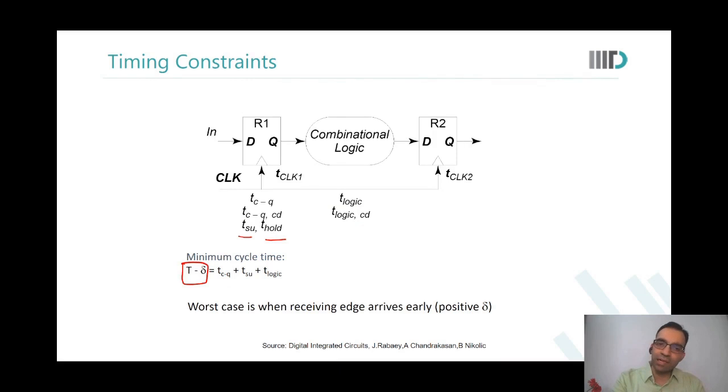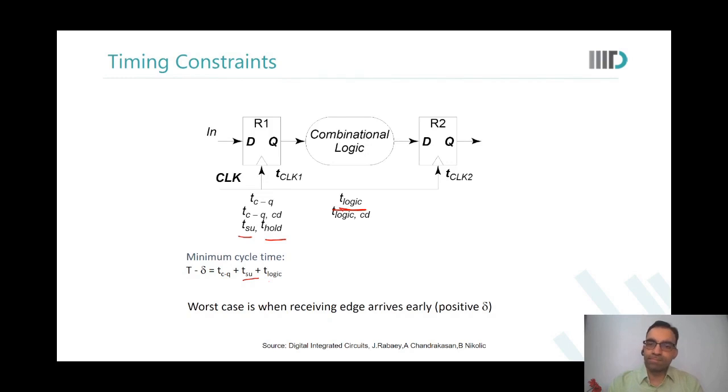So T minus delta should be equal to or larger than TCQ propagation delay plus setup time plus the logic delay over here. Are you able to see this? Sir, here I may consider the negative skew. Yes. That is the worst case, is it not?